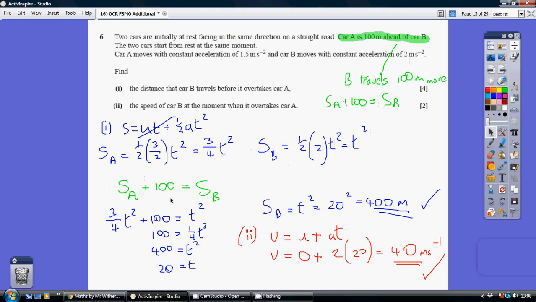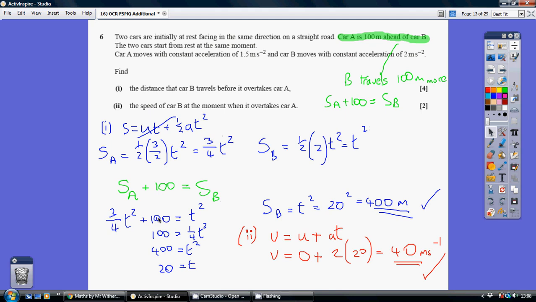So the distance travelled by A plus 100 is the distance travelled by B. Well, we've established up here that the distance travelled by A is 3/4 t squared, and we've established over here the distance travelled by B is t squared.